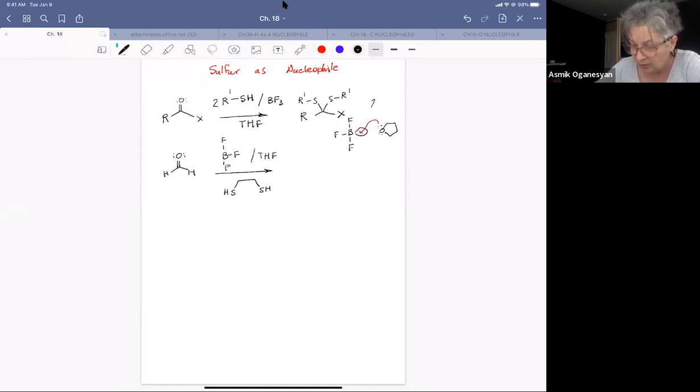And as a result, we're going to form a complex in which oxygen carries positive charge, boron carries a negative charge. Of course, we understand it will be one of the fluorines that will be carrying negative charge, or that electron will go back onto oxygen.